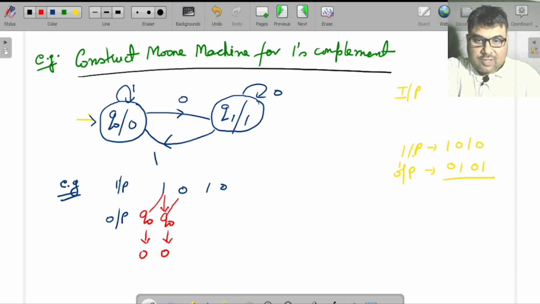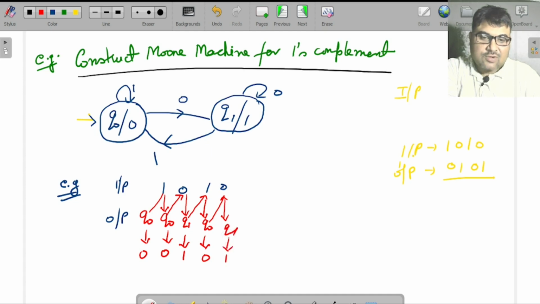At Q naught we read the input 0, then we move to the state Q1, and at Q1 the output is 1, and we stop because the input string ended here. So this is our output.